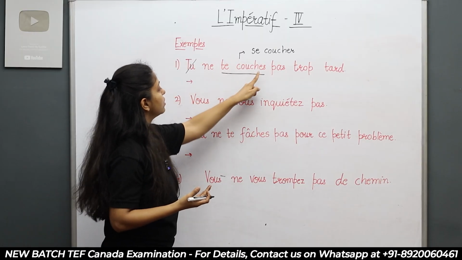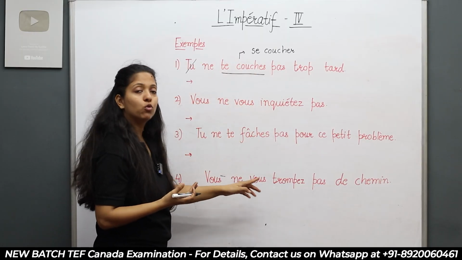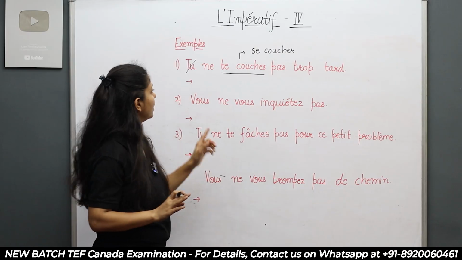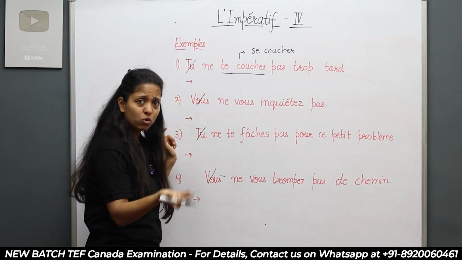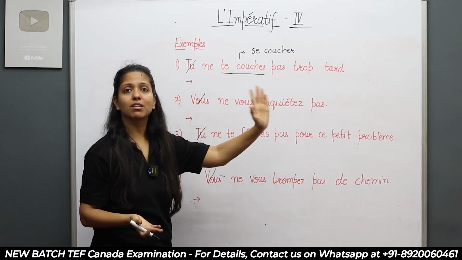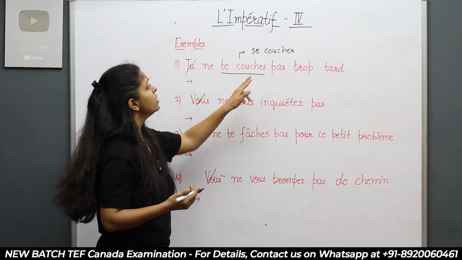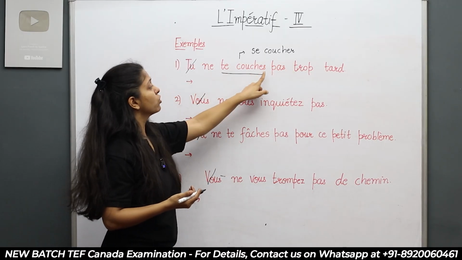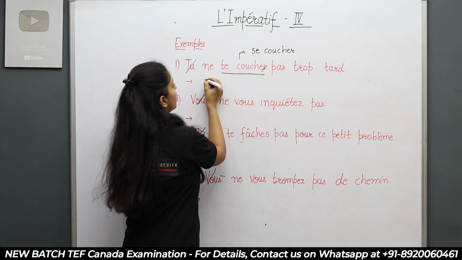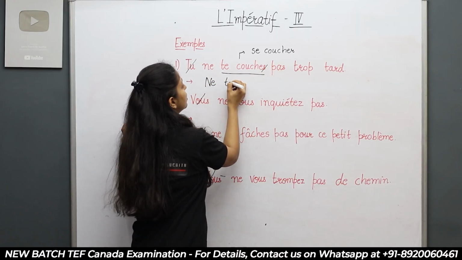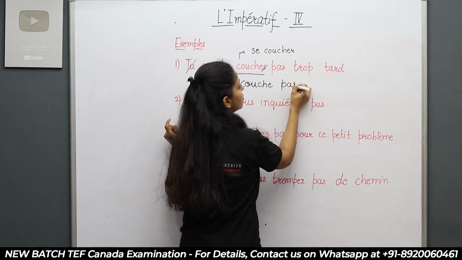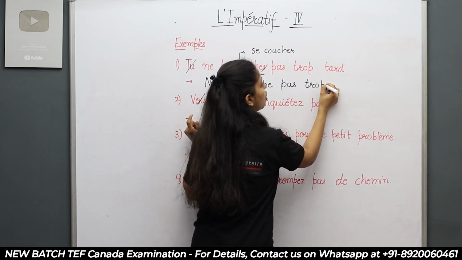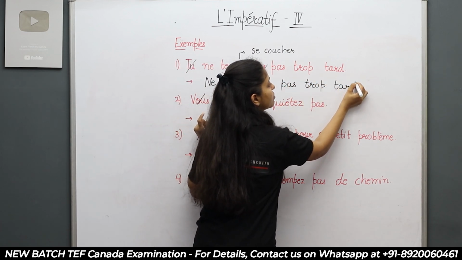So this te or vous, this is not going to go forward, right? So you'll simply remove this tu or vous or nous, whatever, and the rest of the sentence remains same. Also, since it is an er verb, with tu, you're going to omit this s. So it becomes ne te couche pas trop tard. Don't sleep too late or don't lie down too late.